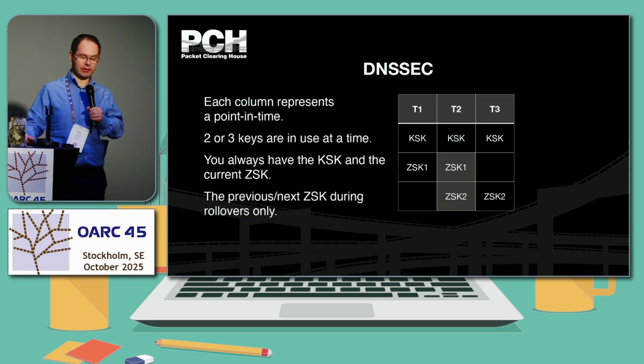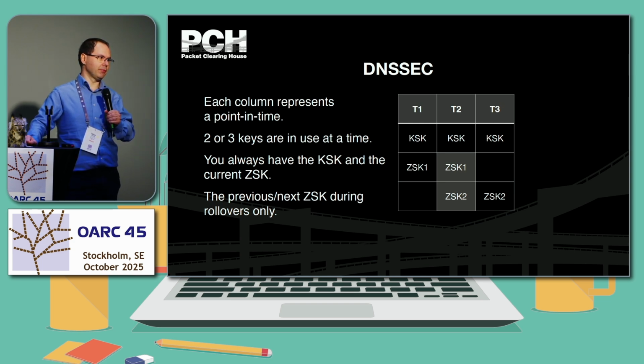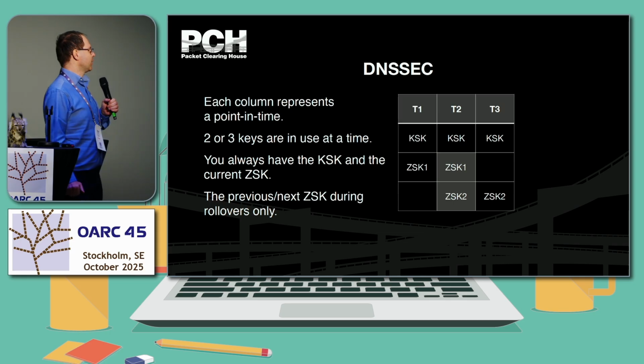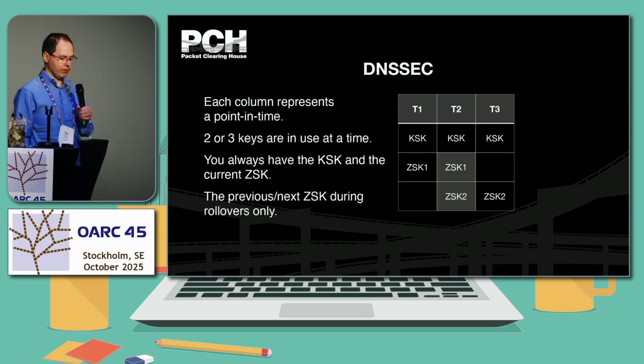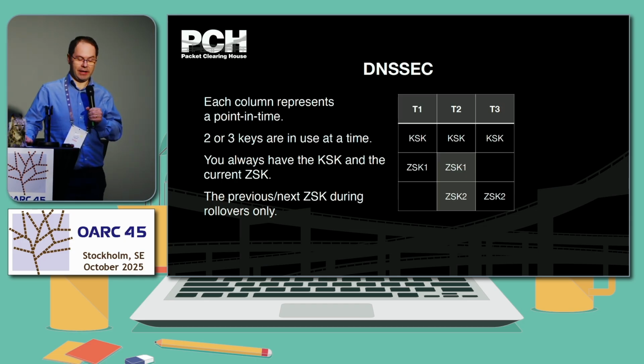So let's think about the simple scenario: a single signer, one provider. If you look at the slide, T1 and the others are different points in time. At T1, we have one KSK and one ZSK.